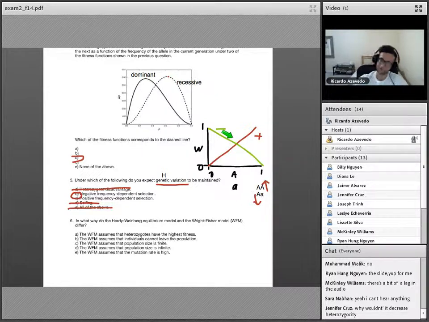So the population can't be made of you as a single genotype, because selection is going to favor the other genotype as you become more frequent. So hopefully that answered the question of why negative frequency dependent selection would result in maintenance of heterozygotes in the population.